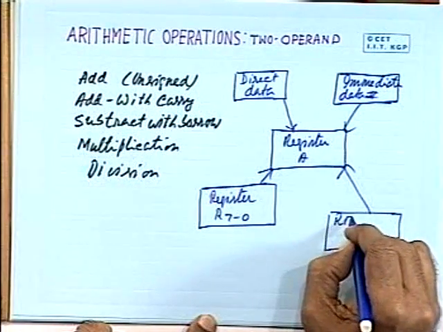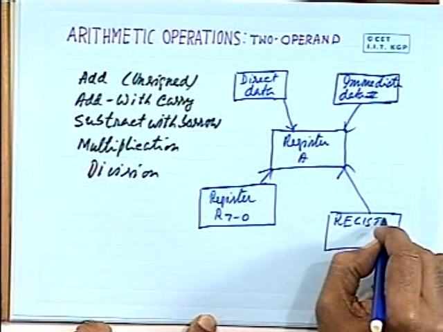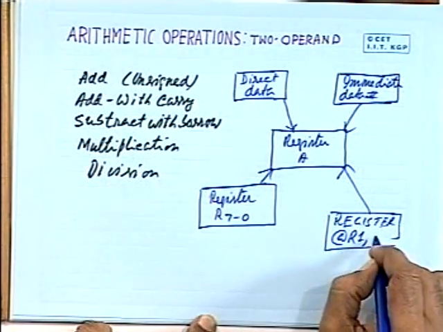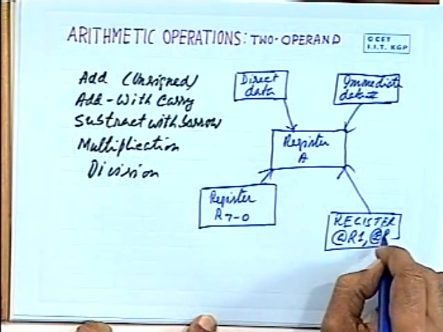So register indirect, in this case, as you know, either register R1 or register R0 can be used.